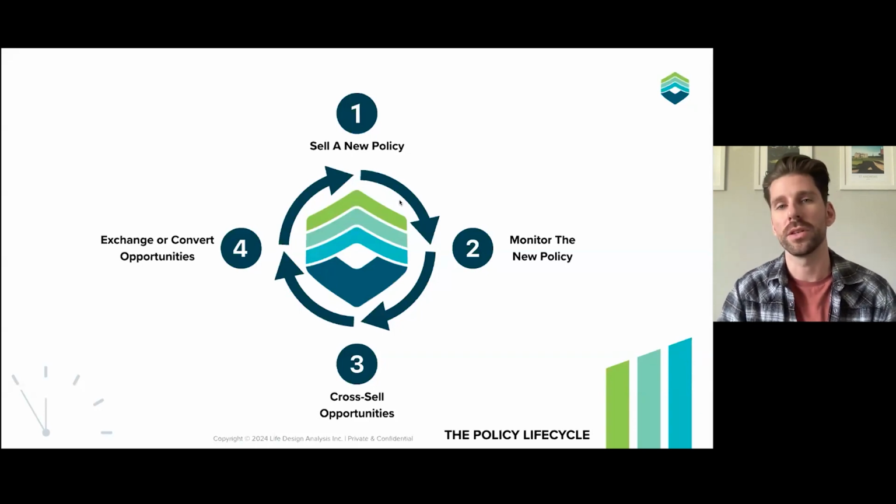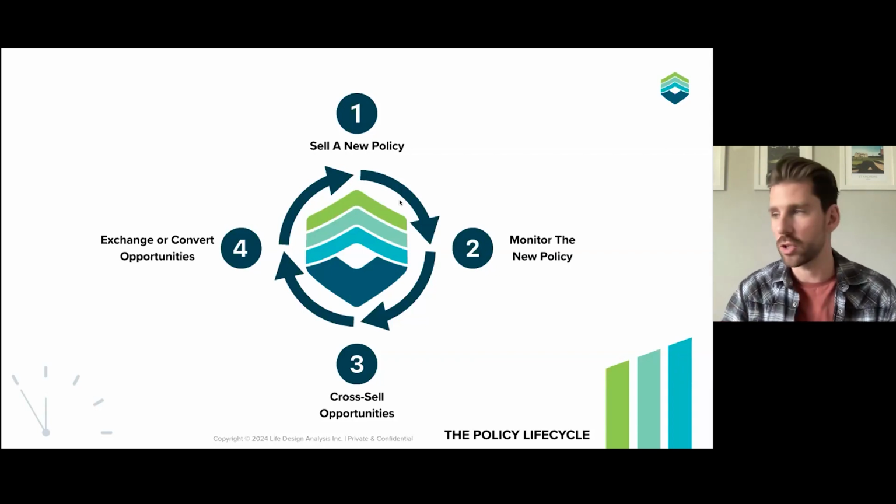But today, the focus of our discussion is going to tailor around the life cycle of a policyholder. So there's 4 initial stages that we've identified, and this is what we'll be reviewing today and how life design analysis can support each specific one. Of course, there's the initial sale of the policy. And then once we're presenting the insurance options, the application goes through, it's now issued and in force.